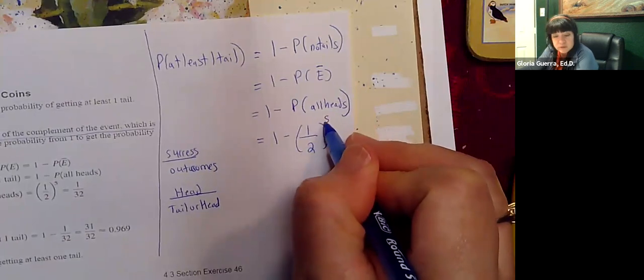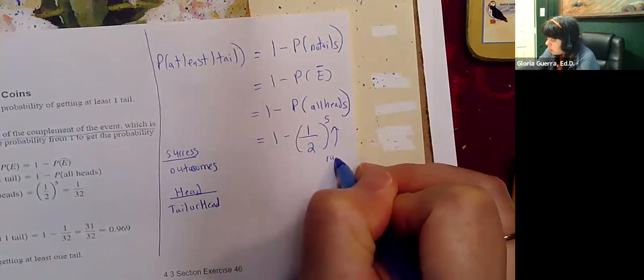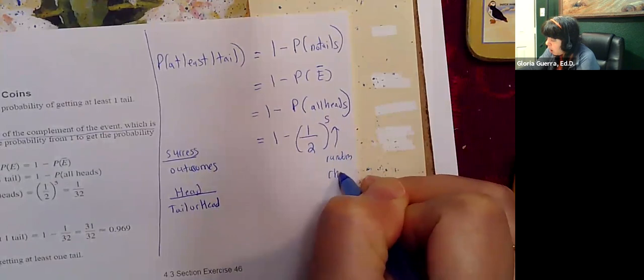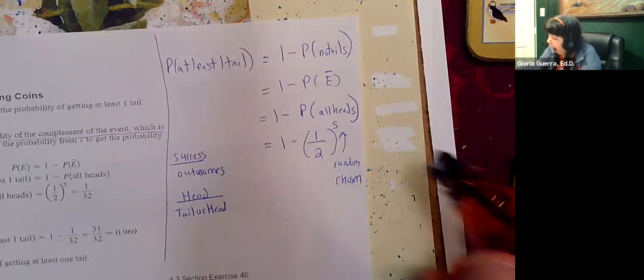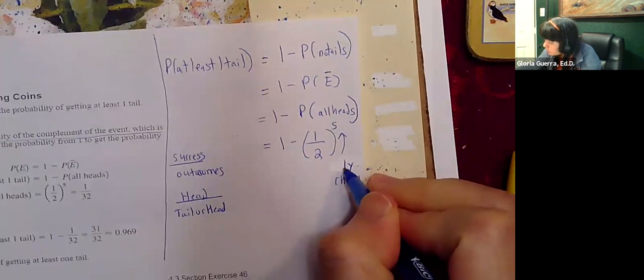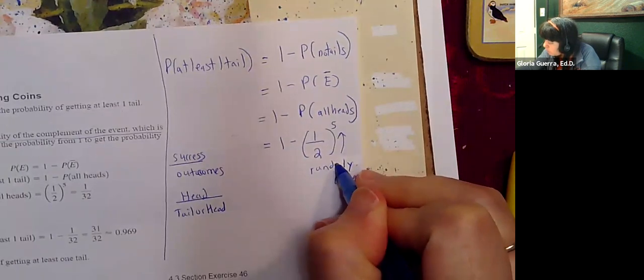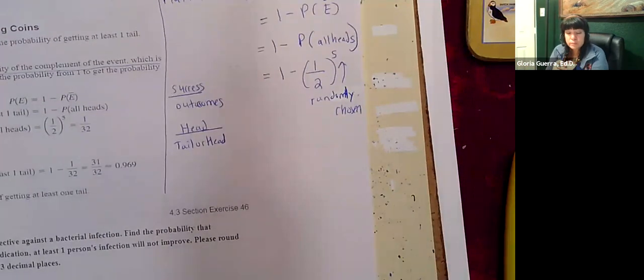This is where the 5 comes in because there were 5 randomly chosen. Yeah, that should work then. So when we use these exponents, because that's part of the multiplication rule, then we're using the complement, okay? So it seems to work out for us.